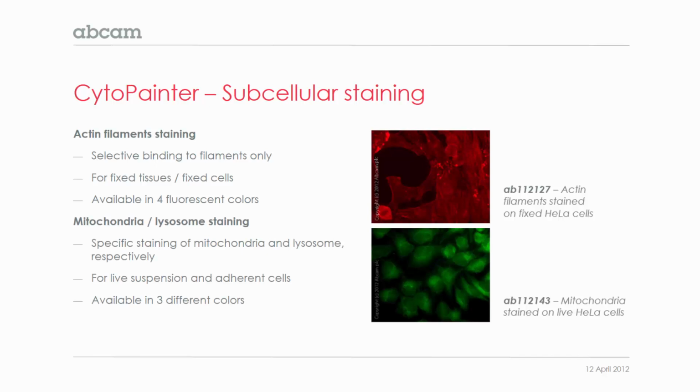If you're interested in staining mitochondrial or lysosomal structures, we also have the right tool for this. Our mitochondrial and lysosomal dyes will stain mitochondria and lysosomes respectively in live cells. In the image shown, you can see the cellular mitochondria in green. If you want to know more about our CytoPainter range of products, please visit the URL shown.